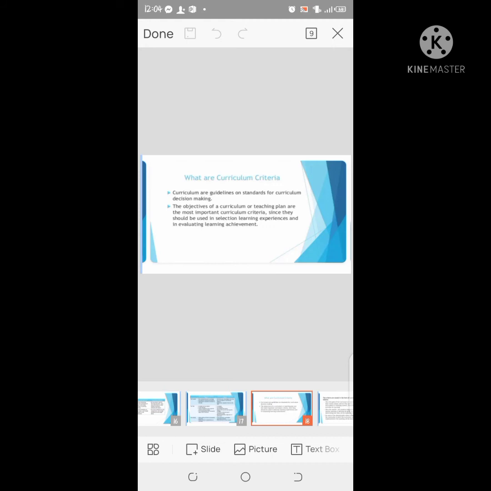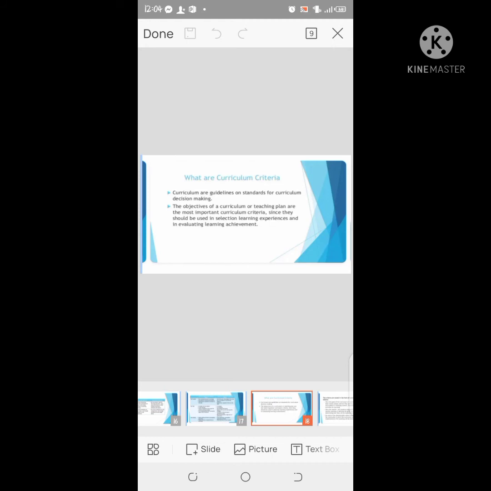So, what is curriculum? Curriculum refers to the guidelines or standards for curriculum decision making. We all know already what curriculum means. It is the guidelines, especially for the teachers.